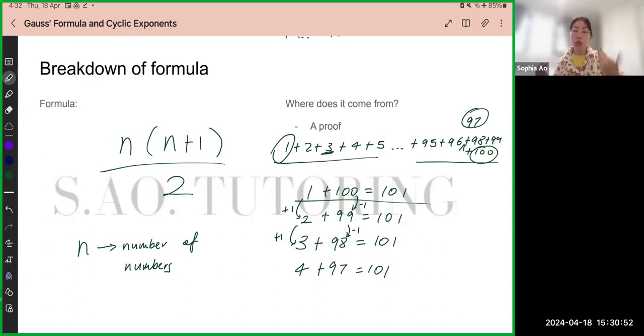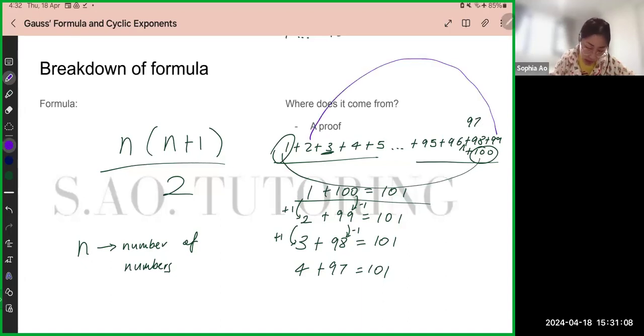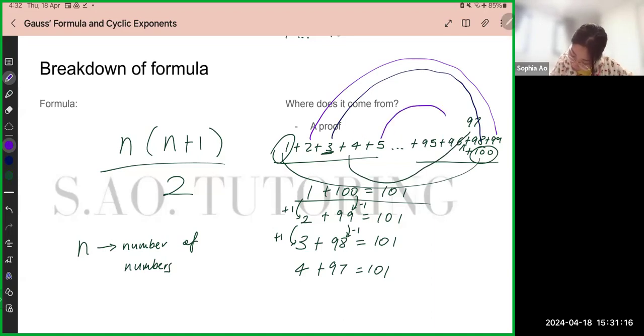Okay, so what you can now imagine is we are going to get dozens and dozens and dozens of pairs of 101. Sometimes you might see some teachers draw it up like this as well. They might go 1 and 100. They make 101. And next, 2 and 99. And I'll use a different color, 3 and 98. 4 and 97 up here. 5 and 96, and so on and so forth.